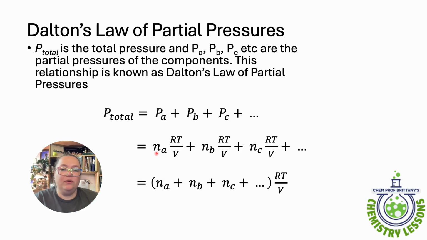So what I can do is actually pull RT over V out to simplify the equation. And that leaves me with number of moles of A plus number of moles of B plus number of moles of C, which means my total number of moles times RT over V will give me my total pressure. So this is why we can treat mixtures like pure gas in some situations.